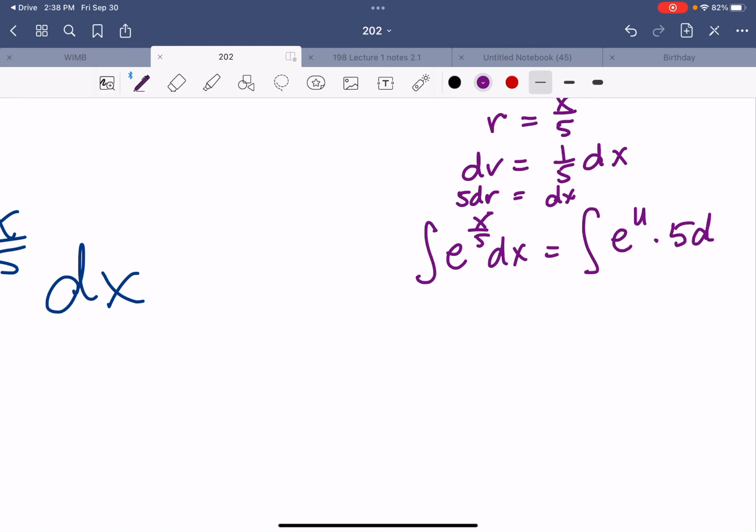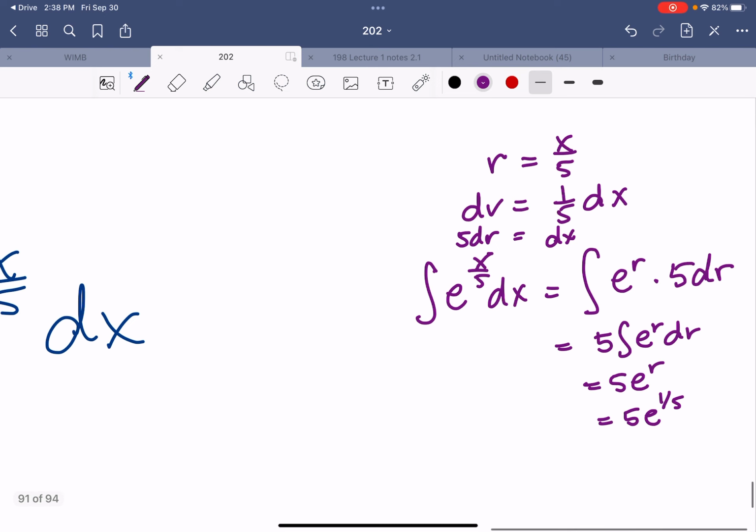So my dx is 5 dr. And so this is 5 times the integral of e to the, not u, but r. So this is 5 times the integral of e to the r dr, which is just 5 e to the r, which is 5 e to the x over 5, right?